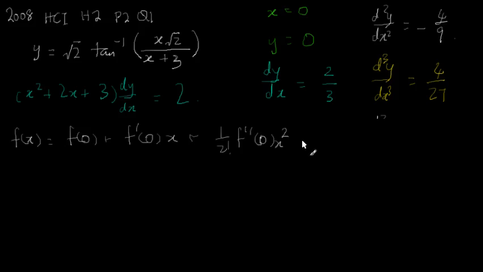We need to go up to x cubed. 1/3 factorial f third derivative(0) x cubed plus dot dot dot.